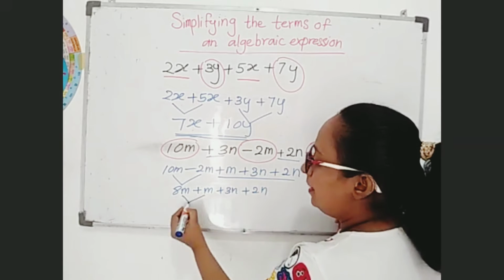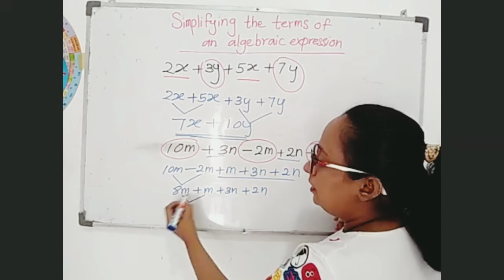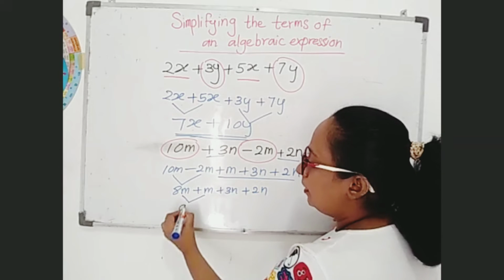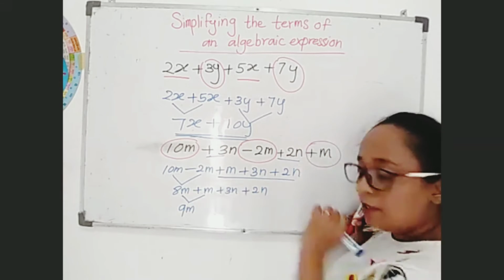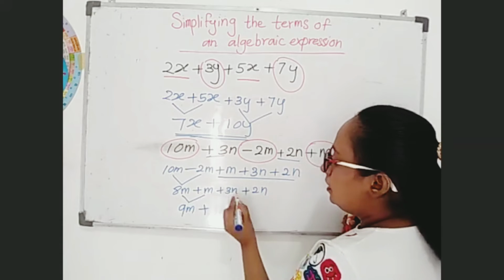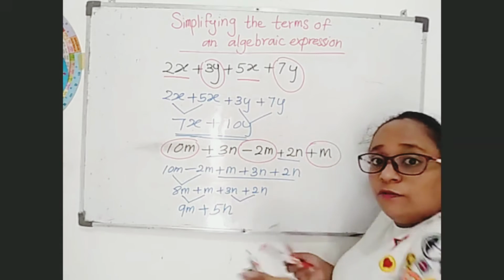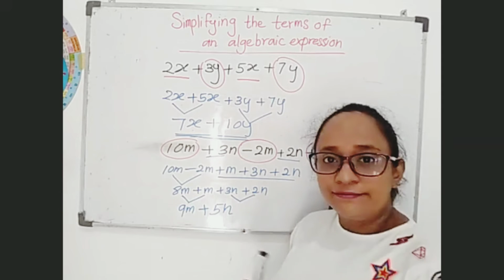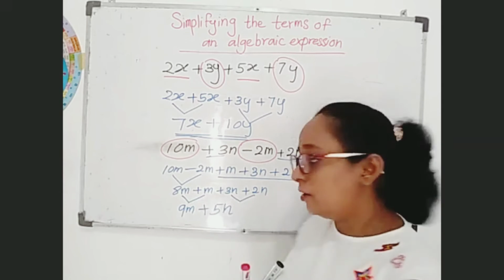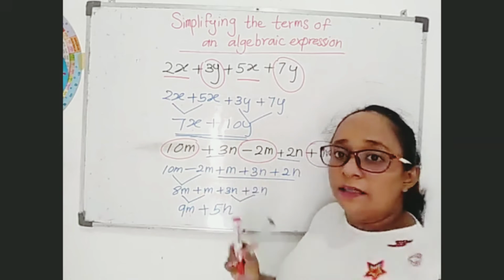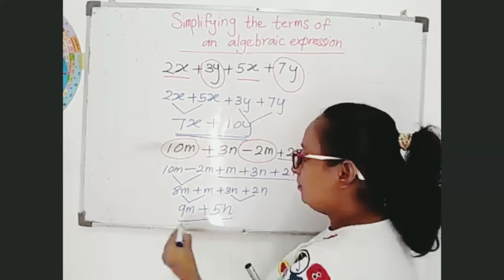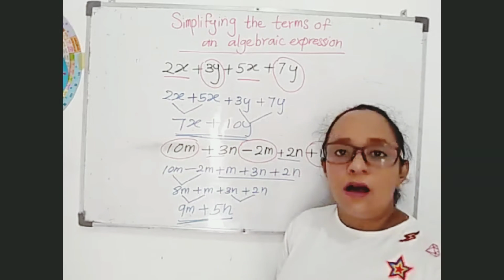So 8m plus m, 9m. 9m plus 3n plus 2n is 5n. So we can't simplify this further. We can't simplify because this is m and this is n. They are different. So this will be our final answer.